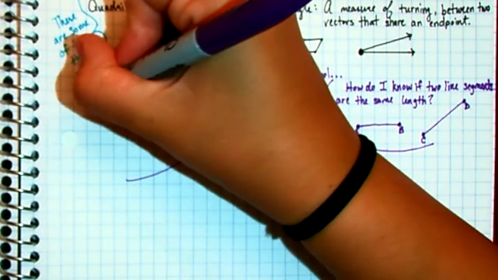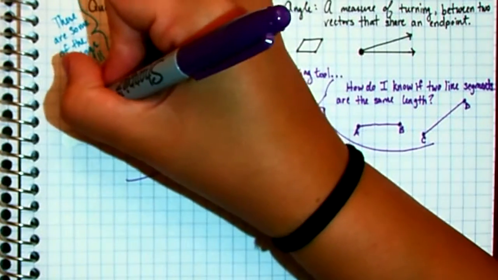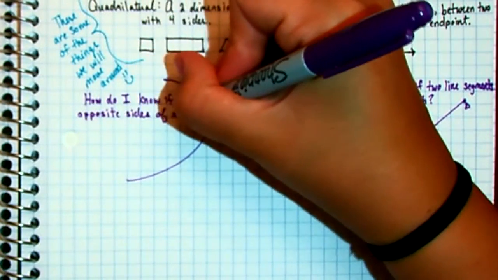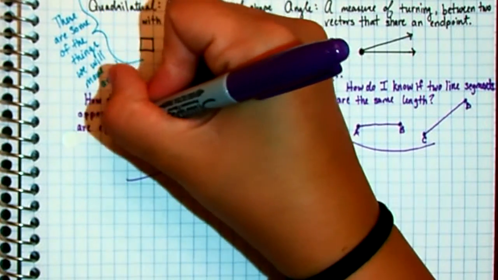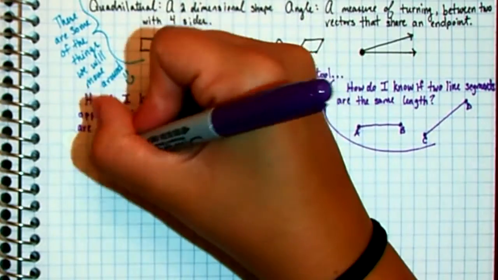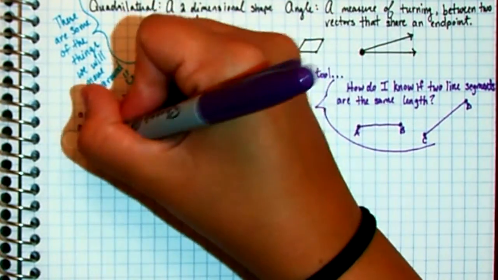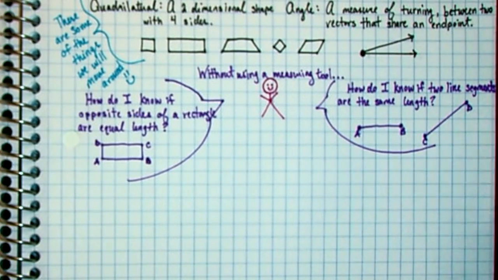Another question you might ask is, how do I know if opposite sides of a rectangle are the same length? Now, this is something that we learned a long time ago in elementary school, that the opposite sides of the rectangle are the same length. But how do I know for sure without using a ruler?